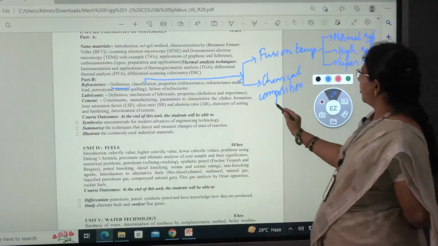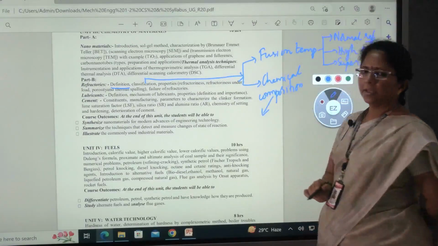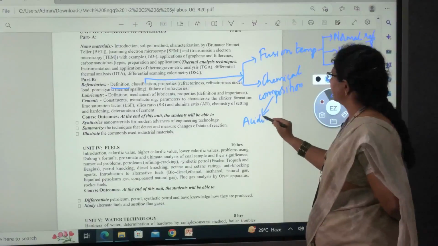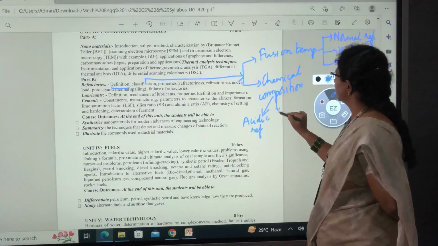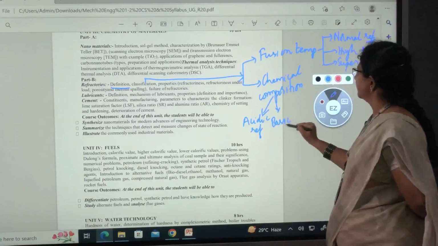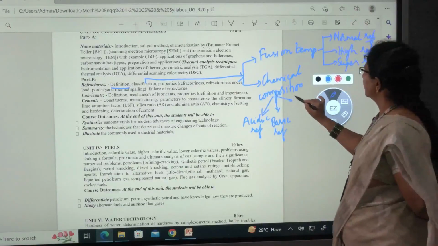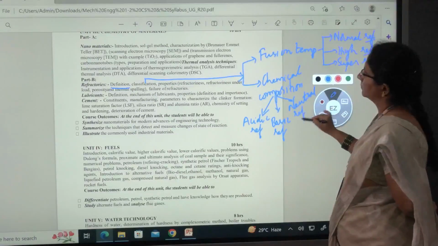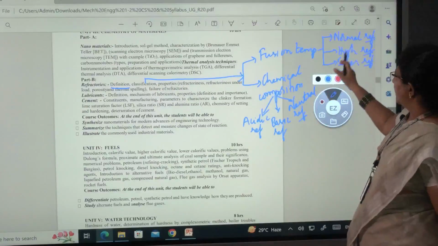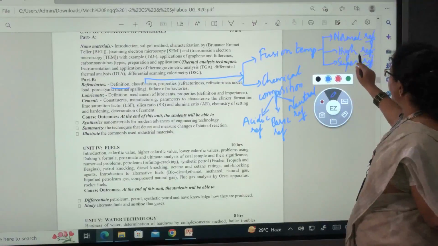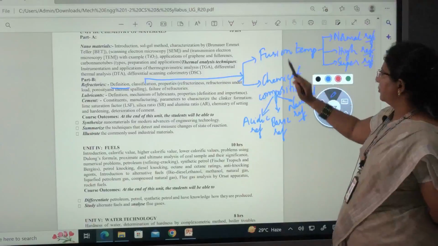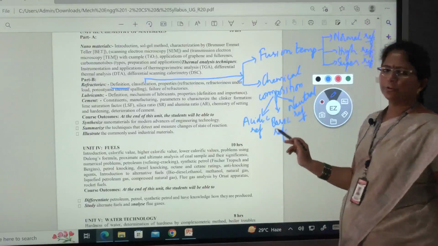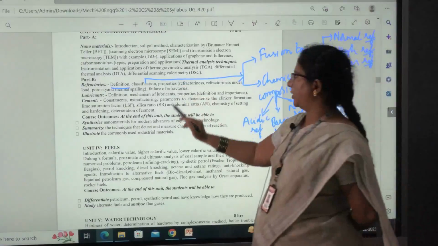And coming to the chemical composition, here the refractories will be classified as acidic refractories, basic refractories, and neutral refractories. So these we will discuss in detail in the classification.